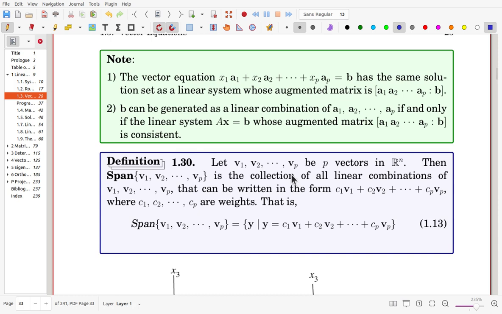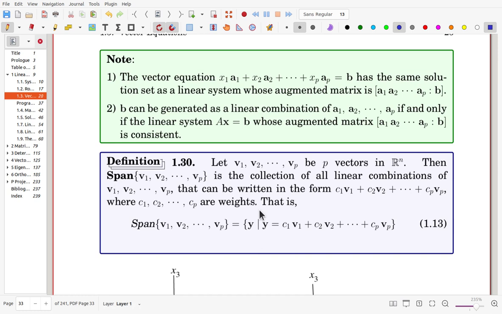Here we have a definition. If v1 to vp are p vectors in Rn, then the span of these vectors is the collection of all linear combinations of v1 to vp. Each entry in this span can be written in the form c1 v1 + ... + cp vp, where c1 to cp are weights.